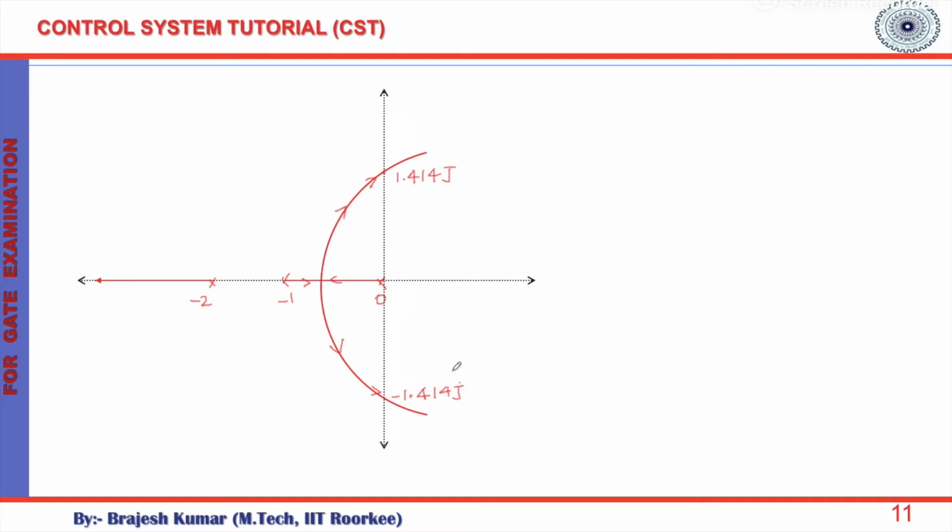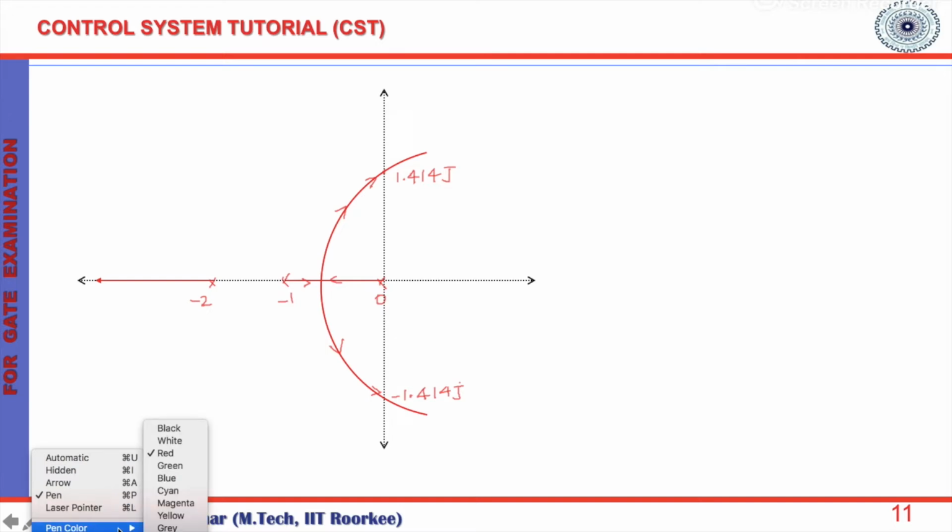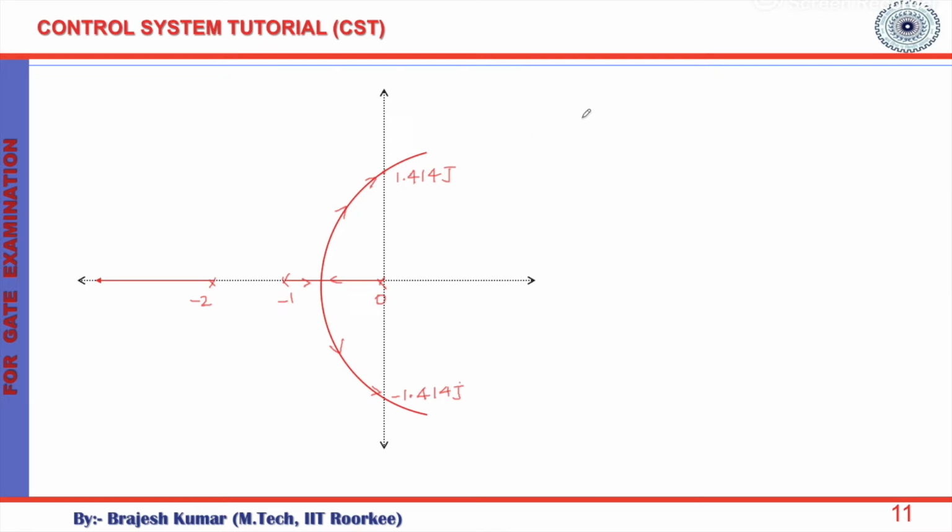So first we need to find the range of k for stable operation. To find the range of k for stable operation, we need to find the open loop transfer function first. Then with the help of the open loop transfer function, we will find the characteristic equation, and then we'll form a Routh array. So first try to find the open loop transfer function.